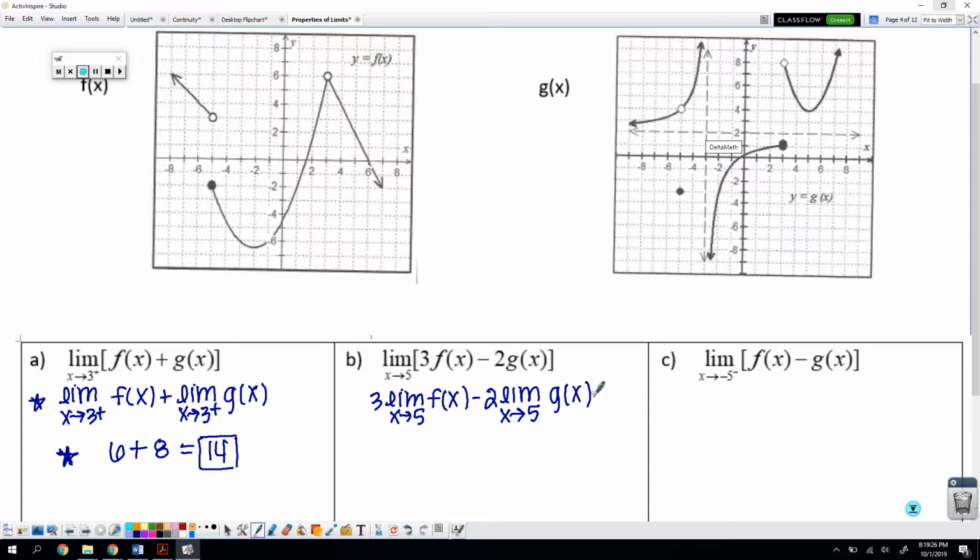And then we're just going to go through and plug in the numbers. So 3 times, as we approach 5, it's going to be 2. And 2 times, as x approaches 5 of g of x, we have 4. So then we have 6 minus 8, which is negative 2.